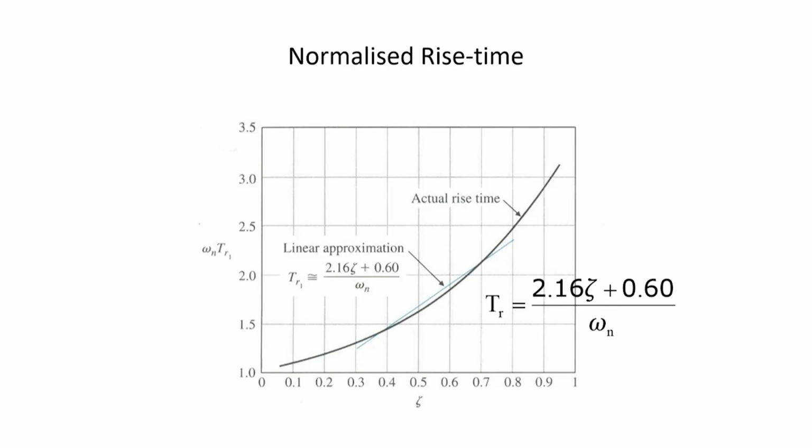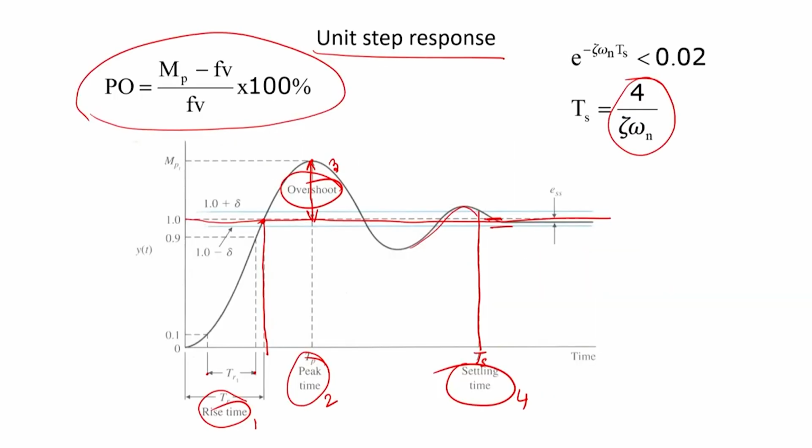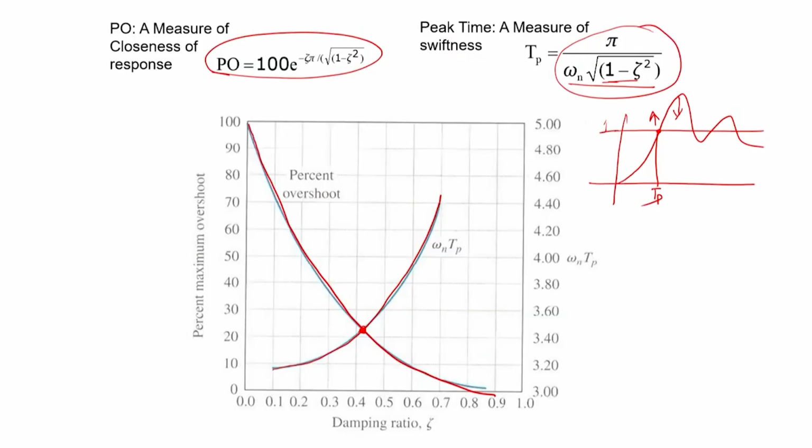Now, the rise time I talked about, that is related to 2.16 zeta plus 0.6 over omega n, and that is a function of the damping ratio and the omega n, both of the system. Okay. So, now with respect to these 4 parameters, if I now look at this curve, then we would see that we have these 2 important time domain representations here. One is this rise time and another is this peak time Tp.